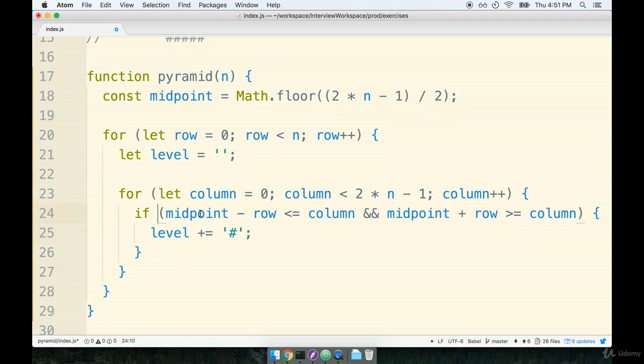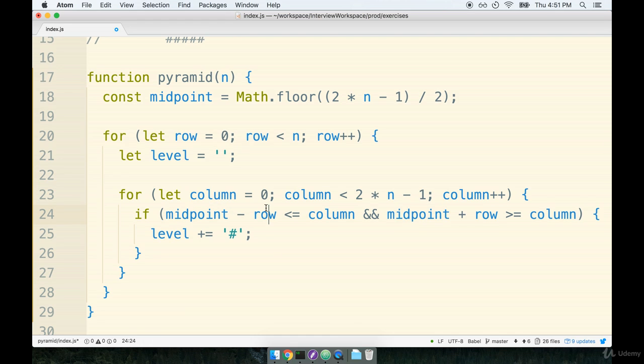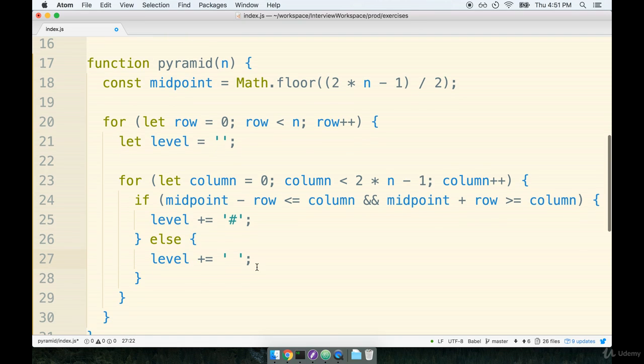So this if statement right here is going to make sure that the current column that we are looking at is within the bounds of midpoint minus row and midpoint plus row. So this is a check right here to make sure that we are inside of some bracket of numbers. So if we meet that condition, we'll add in a pound. Otherwise, we'll add in a space, like so.